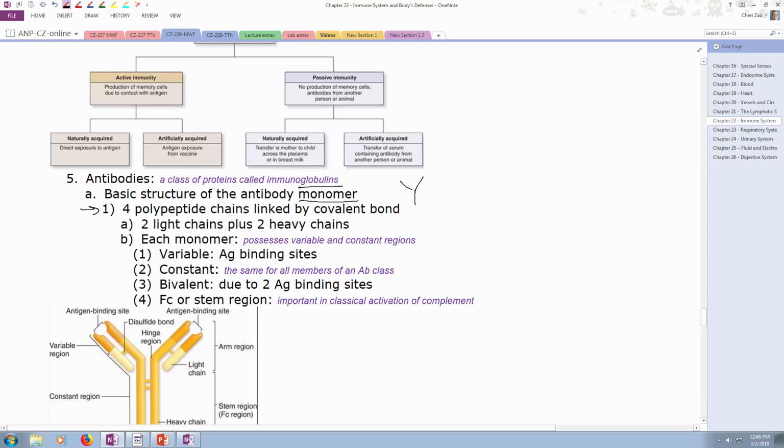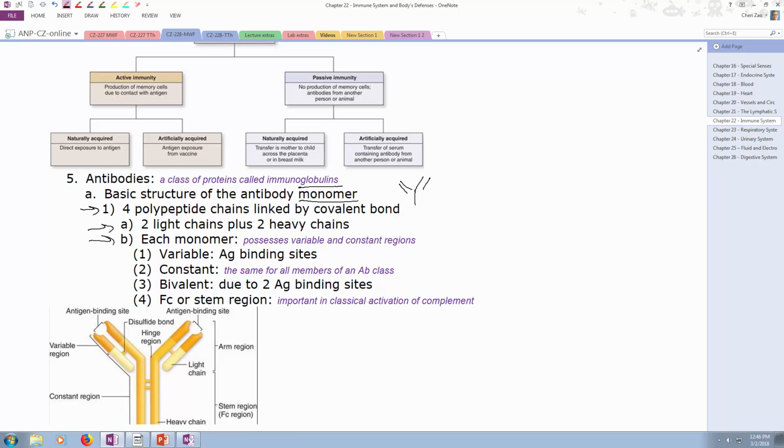Okay, there are 2 light chains, which means they're short, and 2 heavy chains, which means they're long. And the light chains are associated with the prongs of the Y, so to speak, and then the heavy chains are the entire length of the Y, and we've got 2 of them.